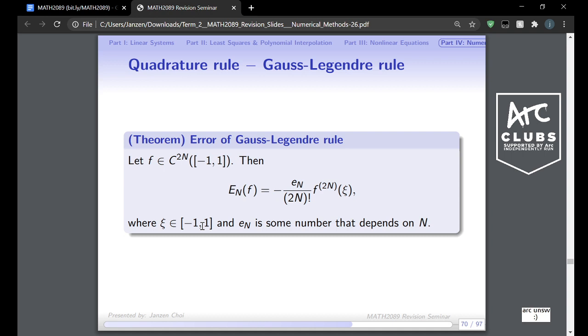Despite the complexity of this algorithm, the error of the Gauss-Legendre rule is significantly lower than the other rules. As you can see here, it's 2n factorial instead of being a power.